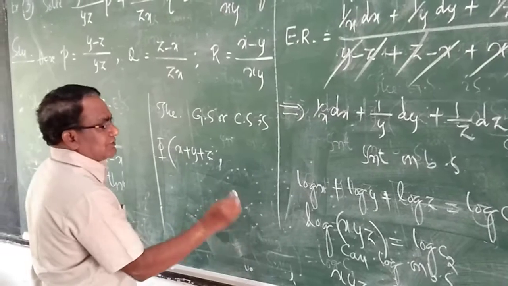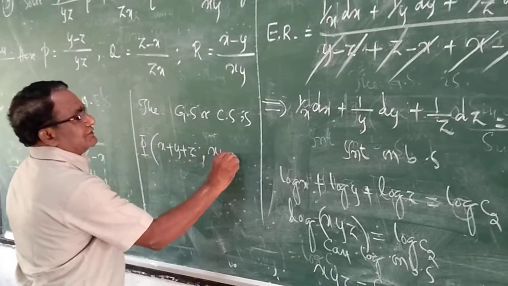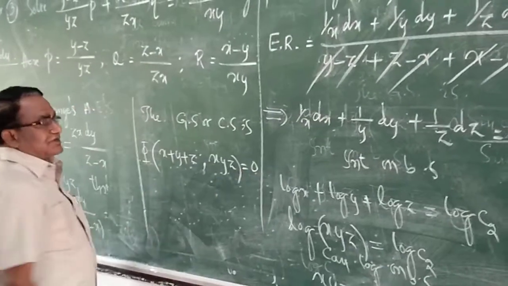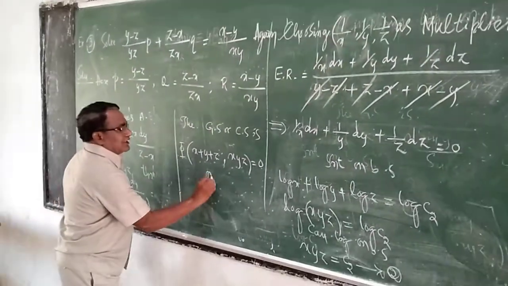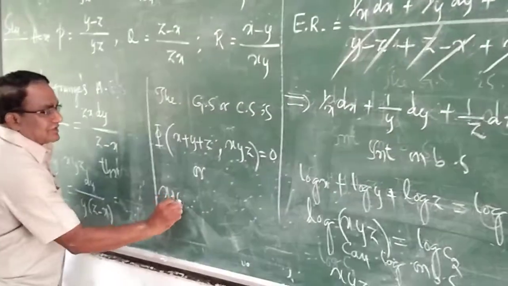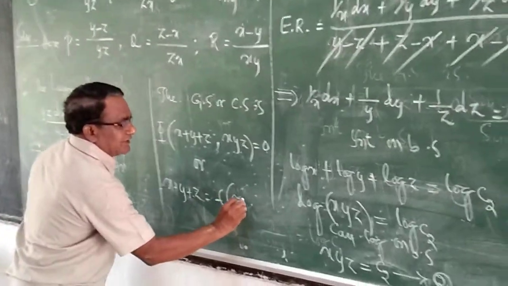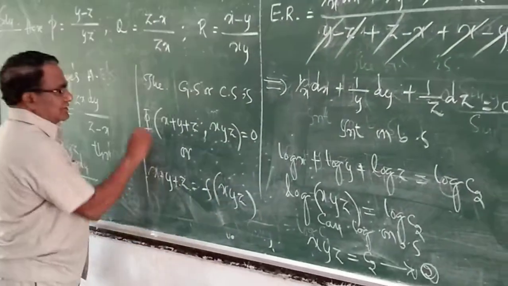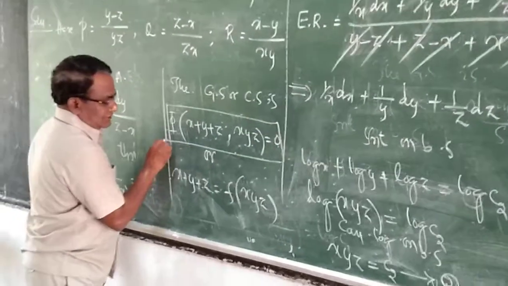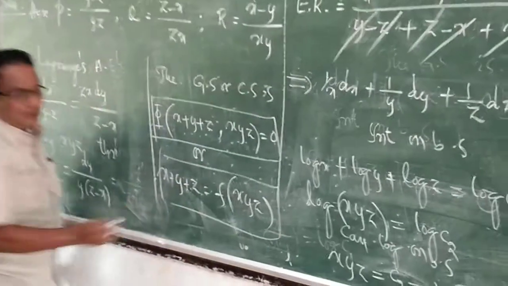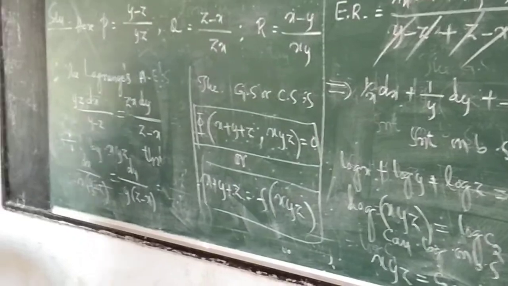Left hand side of equation number 2, it is xyz. Or you can write it as x plus y plus z is equal to f of xyz. This is your complete solution.